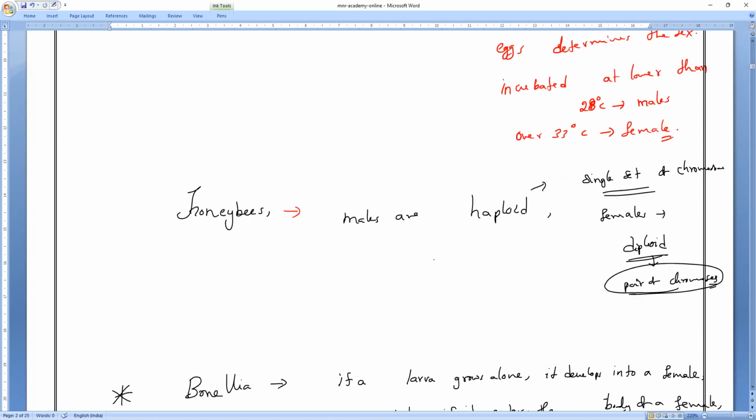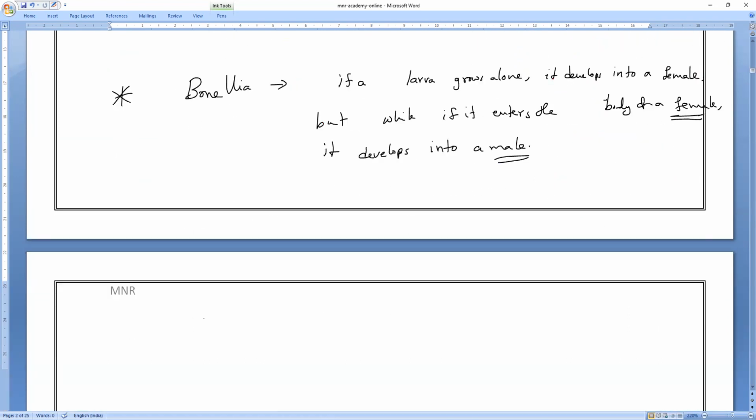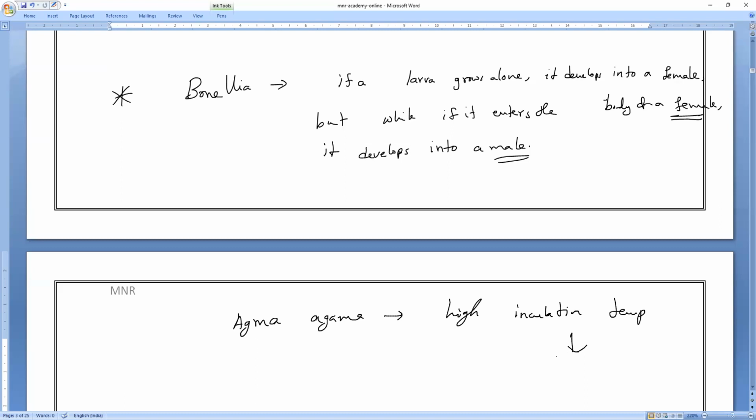Like in the case of a lizard, also the same. The lizard is called Agama. If the incubation temperature is high, it will always result in male offspring. That is male progeny.